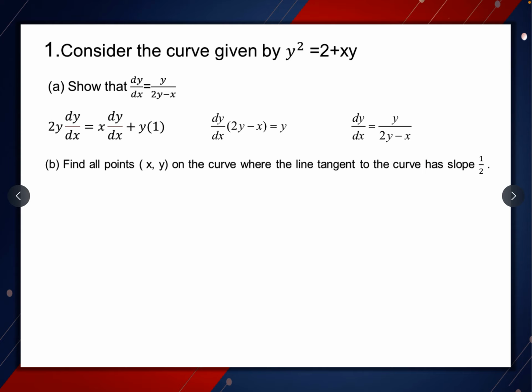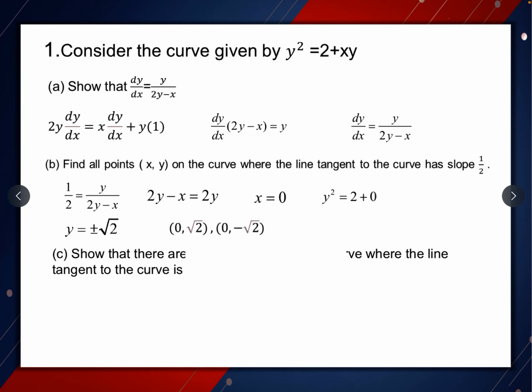B. Find all points (x, y) on the curve where the line tangent to the curve has slope 1/2. The slope is 1/2, which means dy/dx will equal 1/2, because they are the same thing. So 1/2 will equal y over 2y minus x.